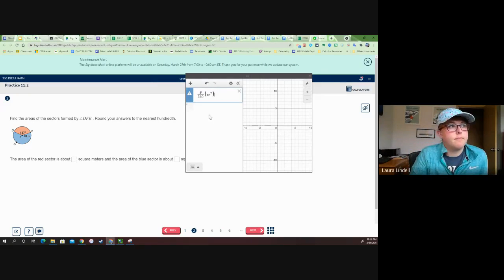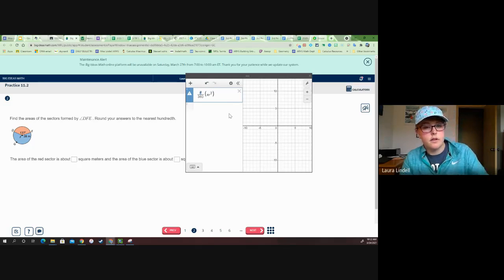There's your formula. So if you start with the red sector and replace theta with 137, you're on the right track. And then R with 28.